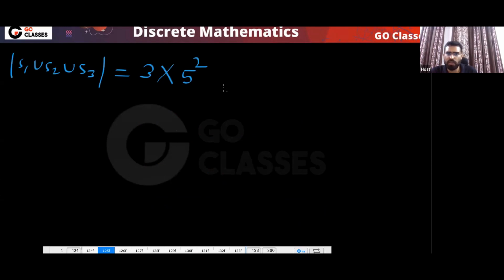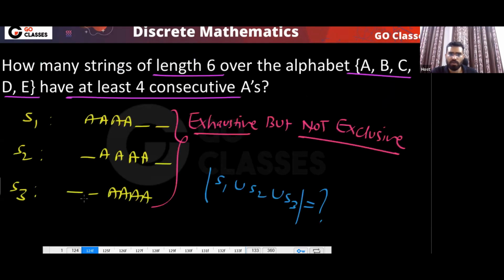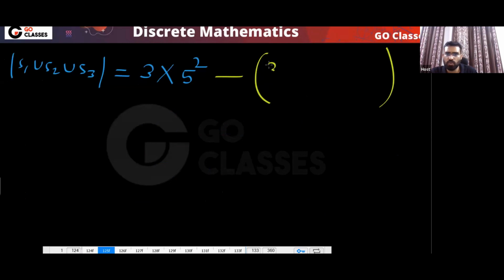S3 is also 5 squared. Minus 3C2, or I can say 3, for S1 intersection S2. This is for Si intersection Sj.